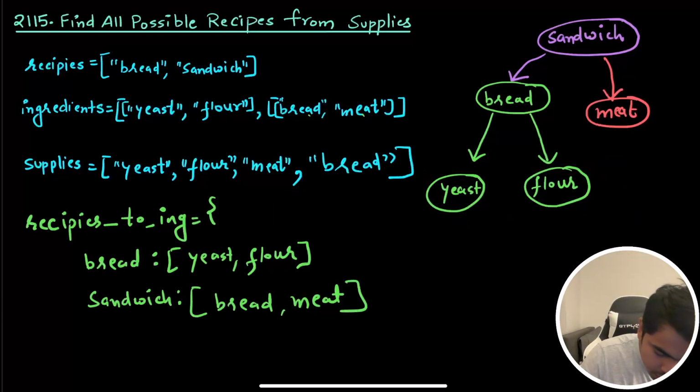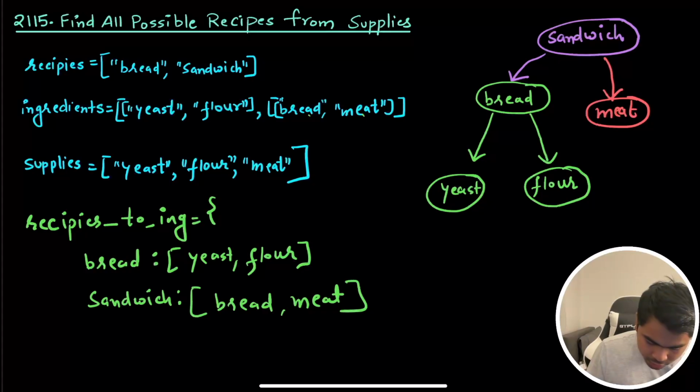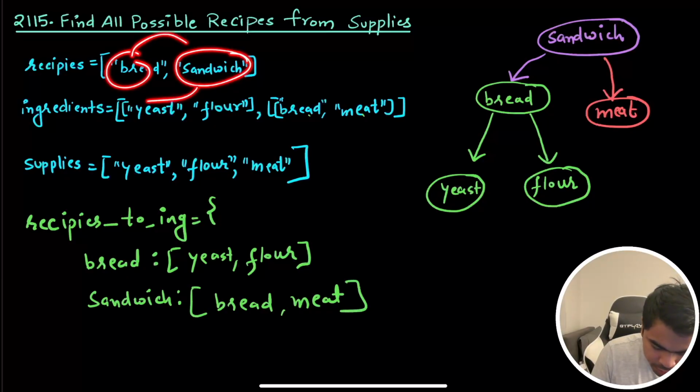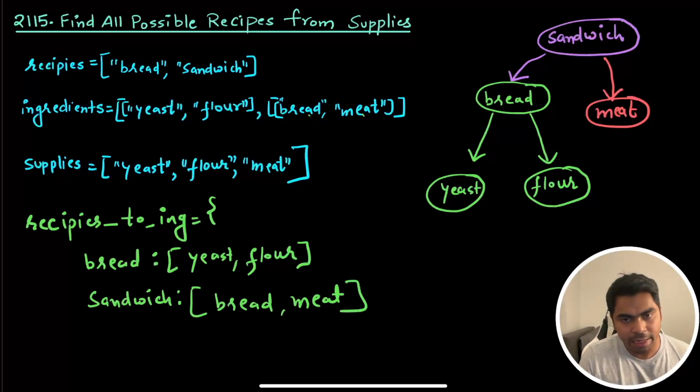So let me also clean this up, because this was not part of the supplies initially, right? It will become a supply, because that's what really happens in DFS. I'm sure that confusion is still in your mind: initially you created bread, and bread is a supply for sandwich, and that's why you were able to make sandwich.